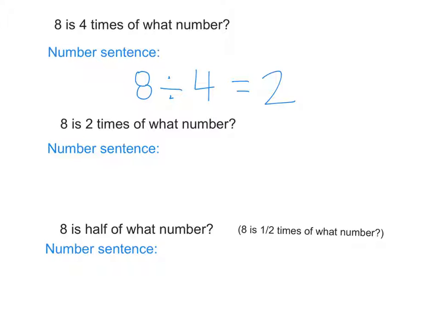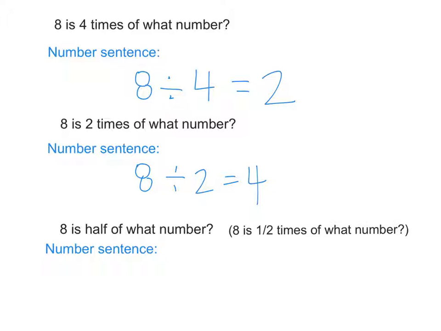Now, let's write this sentence down. 8 is 2 times of what number? 8 divided by 2 equals 4. We could use that number sentence to figure out that 8 is 2 times of 4. Okay? Now, write this sentence down. 8 is half of what number? Go, in the same pattern. It doesn't make sense in English, but what it's really asking is 8 is half times of what number?